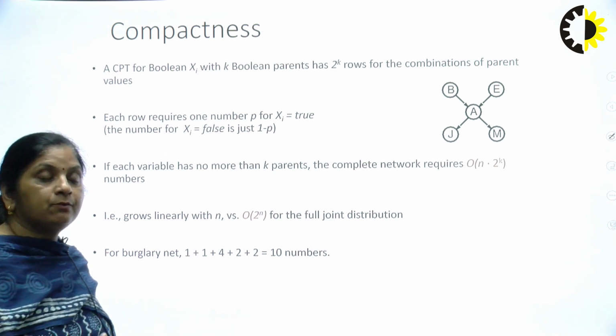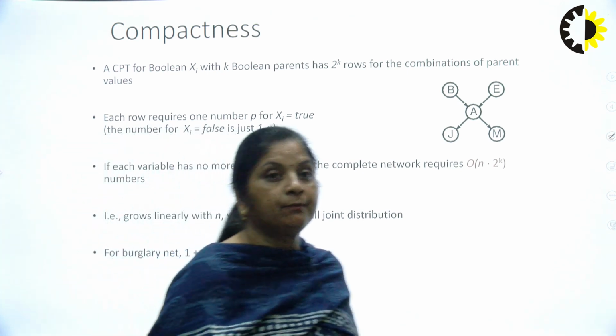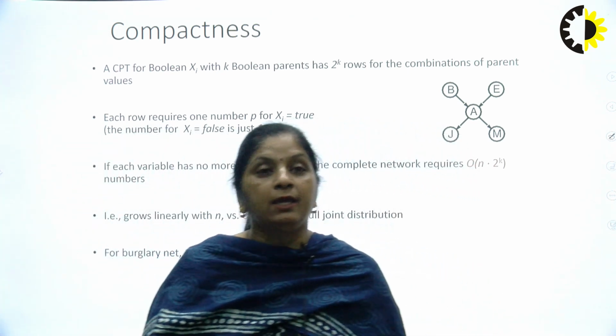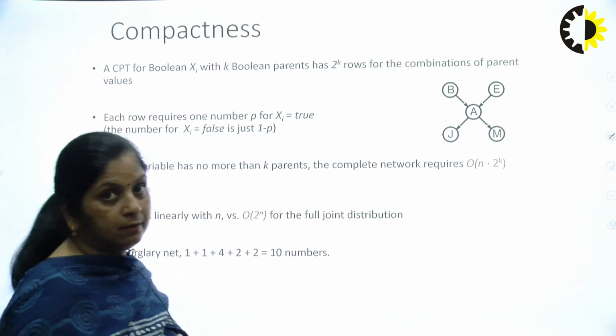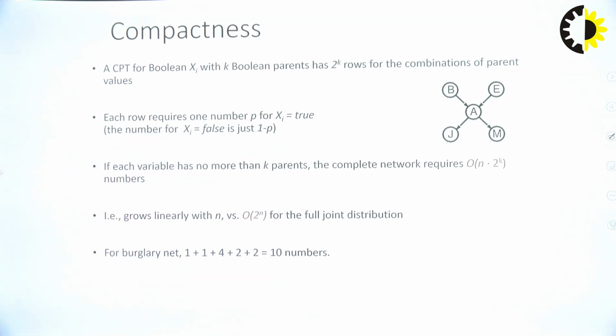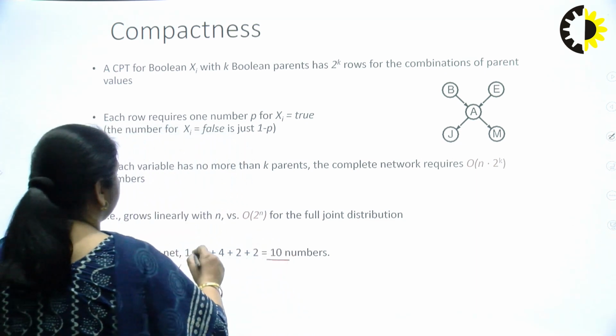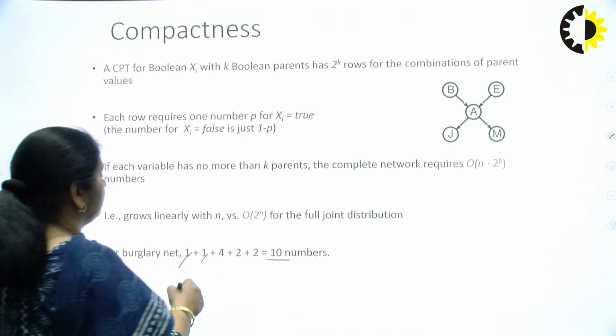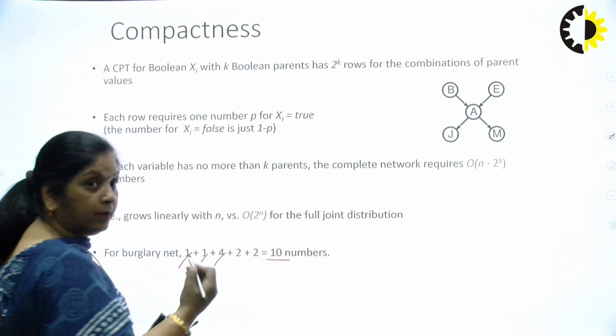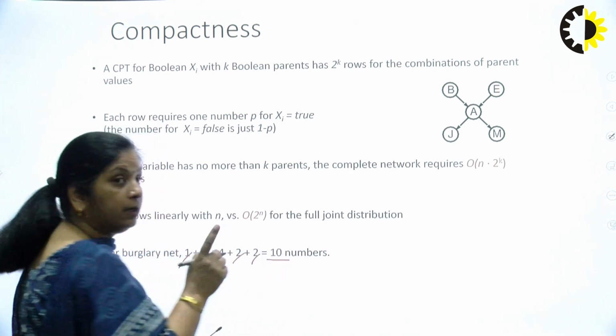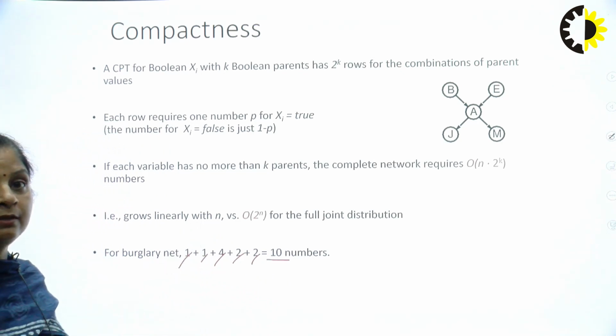So what is the benefit of CPT? When we have 5 variables here, how many entries did we find? That is 10. One for burglary, one for earthquake, 4 for alarm, and 2 each for John calls and Mary calls.